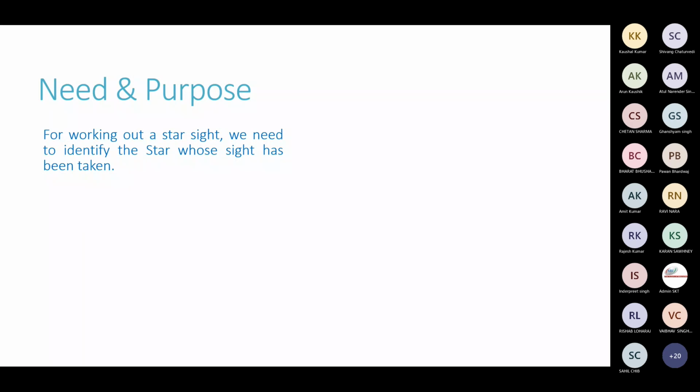Now, when we use the stars for site taking, for fixing up our position, one important thing which is involved in the process is the identification of the star. When we go out to take a site and we observe a particular star, we take its altitude, we take its azimuth, and then we come inside to work out that site.